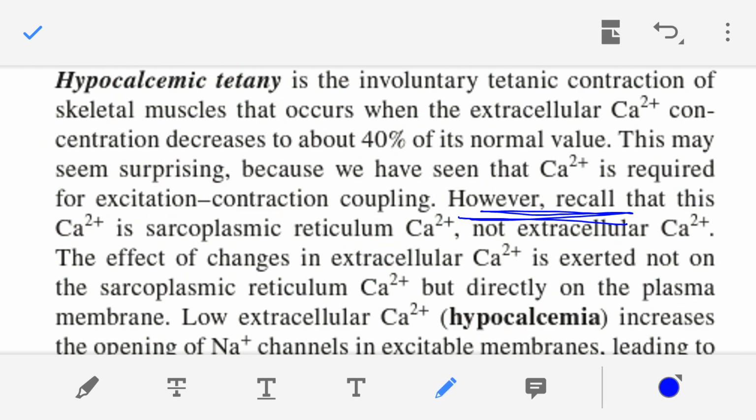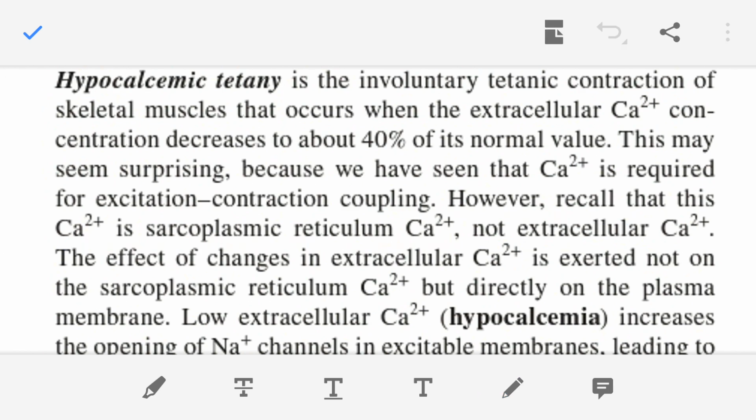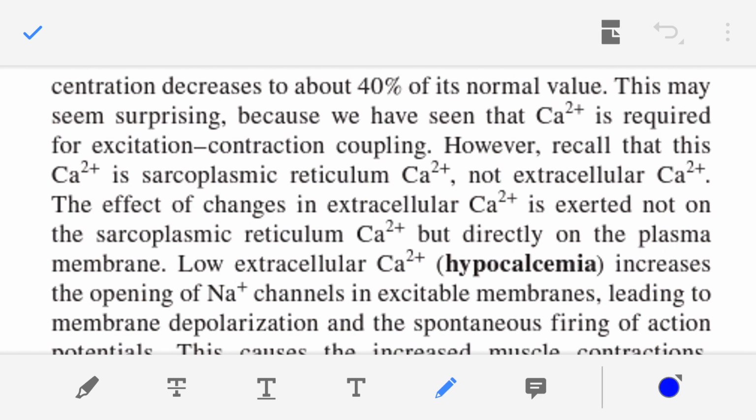However, if you remember, the calcium there comes from the sarcoplasmic reticulum. In the muscle contraction process, we have seen that the sarcoplasmic reticulum plays an important role, and it is not the extracellular calcium.